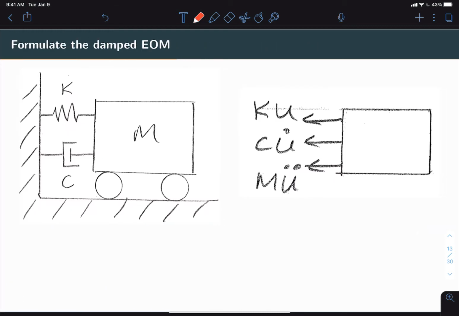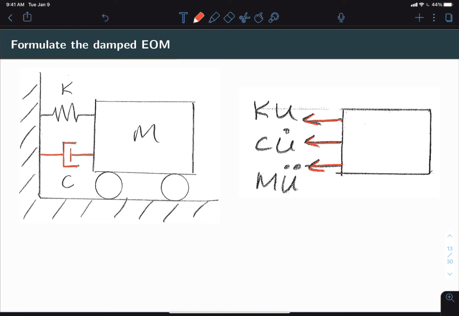So with that information, let's formulate the equation of motion. We've got the mass connected to a spring, and then we've also added a damper using this symbol here, which symbolizes the dashpot. And that dashpot has a damping coefficient C. So our free body diagram would include our usual Ku and Mu double dot, as well as a force corresponding to C times the velocity U dot.